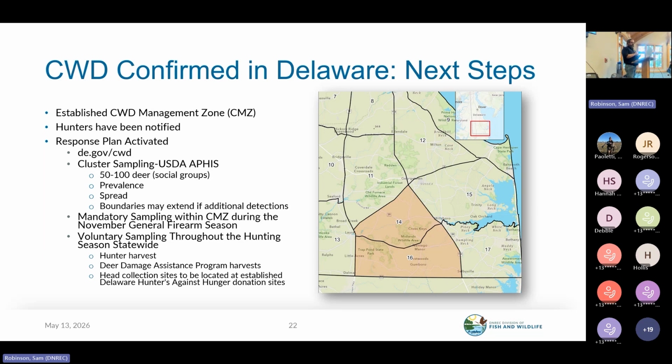We're looking at doing head collection sites, so there'll be little freezers at the walk-in areas within CMZ 14 and 16. We've got Trap Pond, we've got the walk-in here, and then the Gumboro Community Center. So there'll be a drop-off site there, and we're looking at other sites to drop off as well.